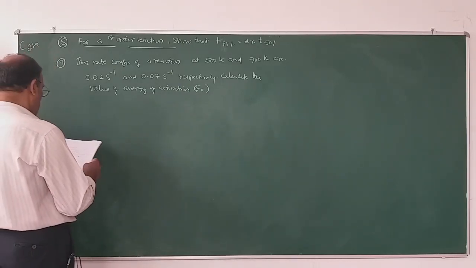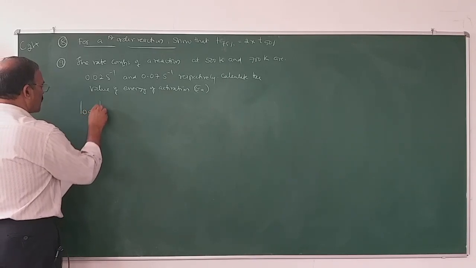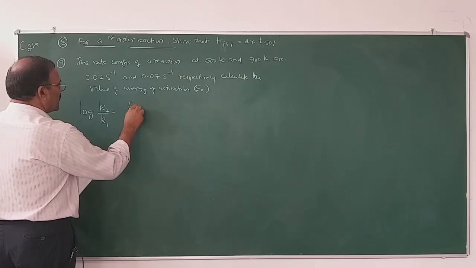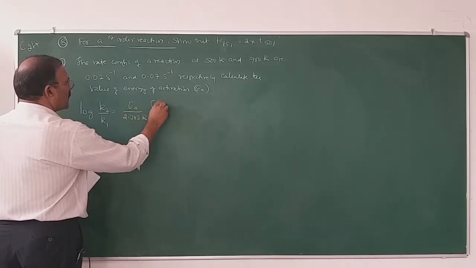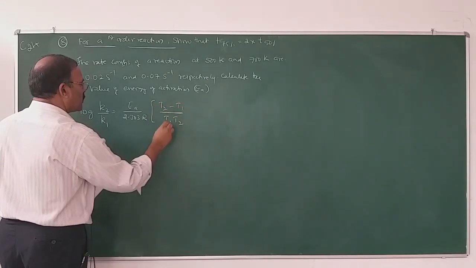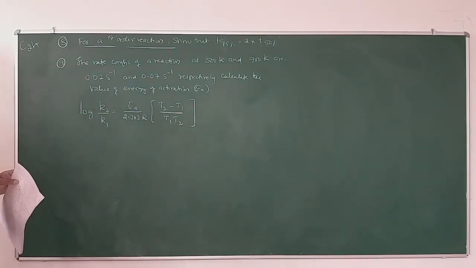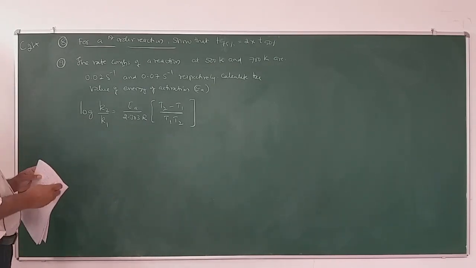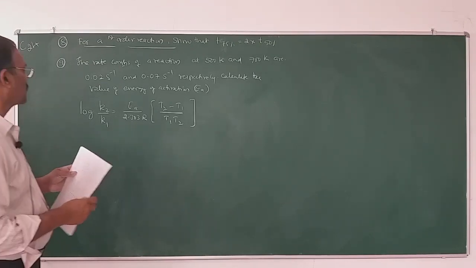So what formula do we have to use? We have to use this formula: log K2 by K1 equals EA over 2.303 into R, into T2 minus T1 divided by T1 T2. This is the Arrhenius equation to calculate energy of activation by knowing the rate constants at two different temperatures T1 and T2.